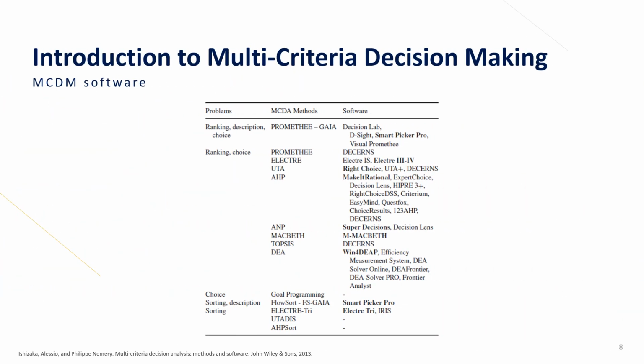After you choose the methods that you are going to use to explore the problem, the next question is what kind of tools are available out there that you can use. Here is just a small chunk of the available software for multi-criteria decision making, listed by method.